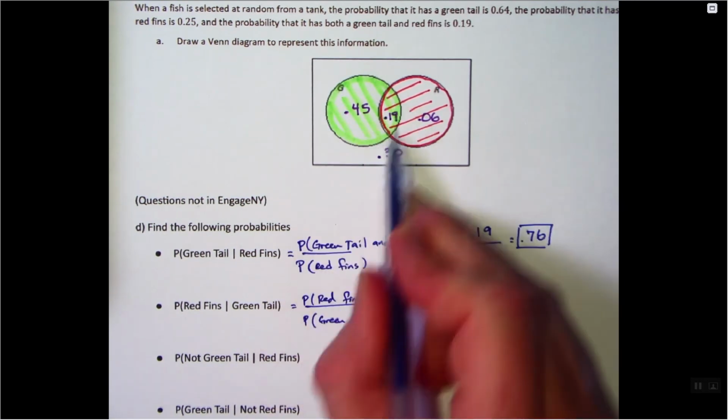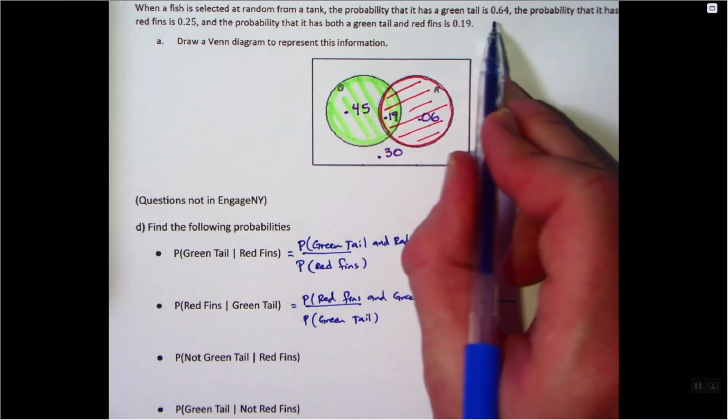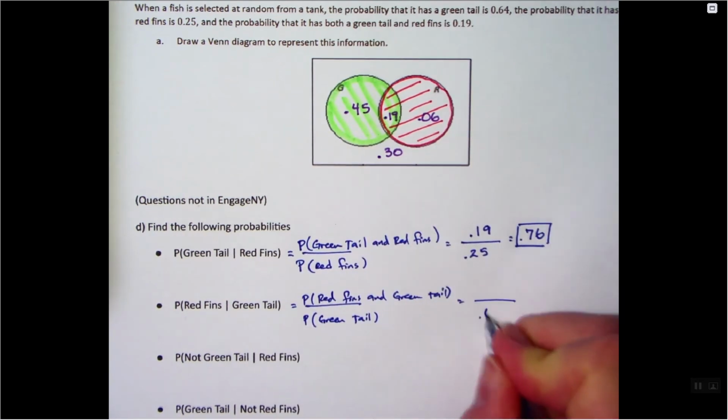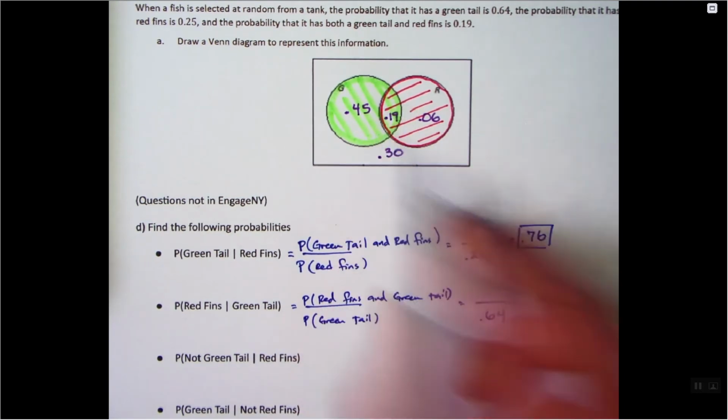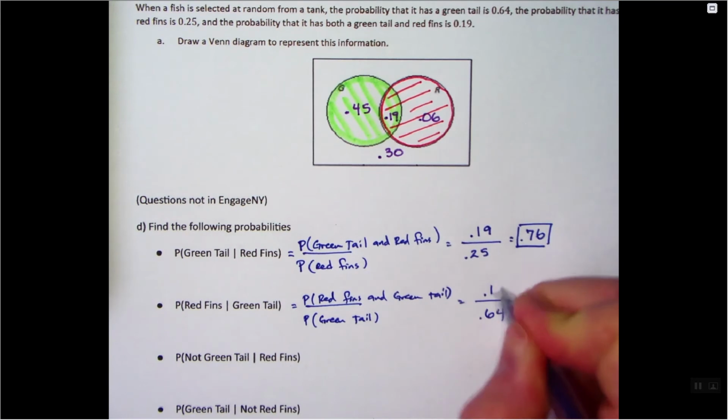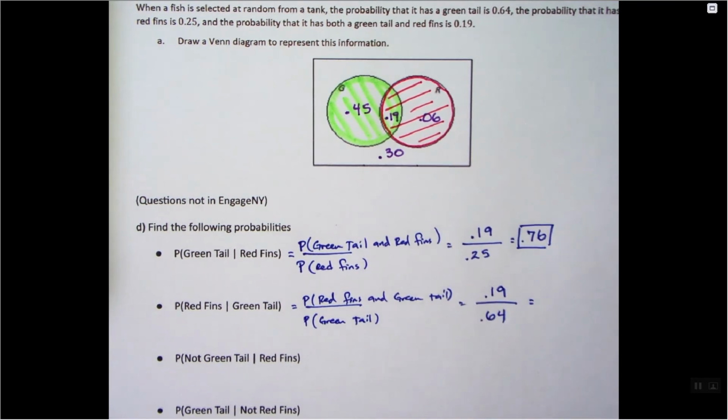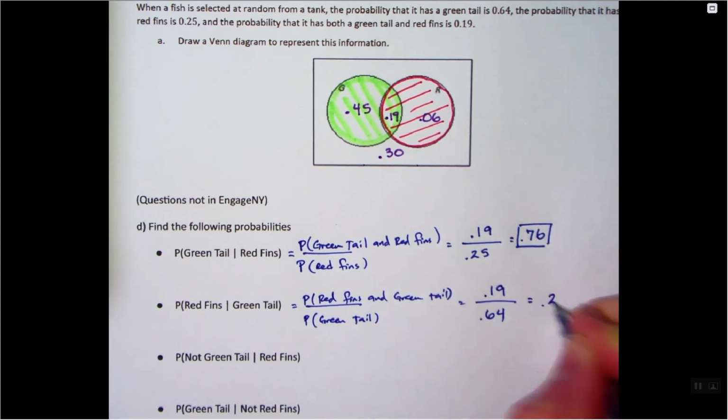Okay, well, the ones with a green tail, the ones in this green circle, actually it's given to me right here, 0.64. Okay, now red fins and green tail is this overlapping piece right here, which is 0.19. And if you divide 0.19 divided by 0.64, you get 0.297.